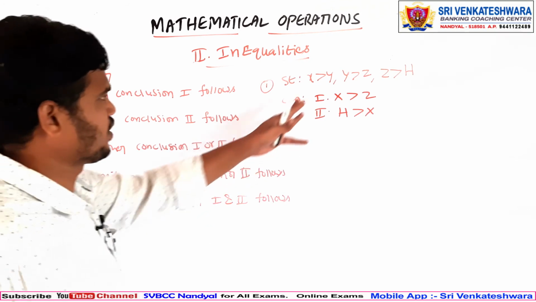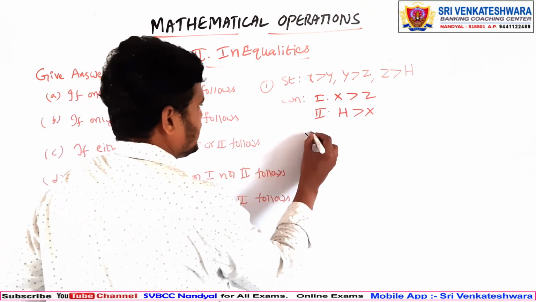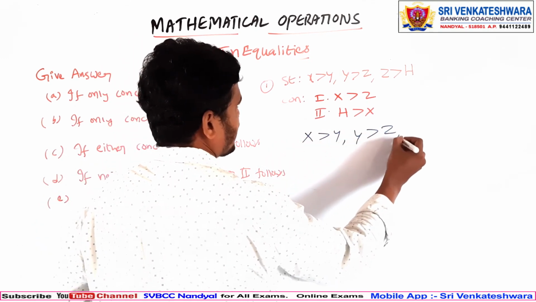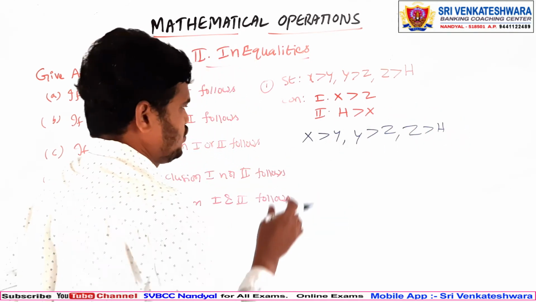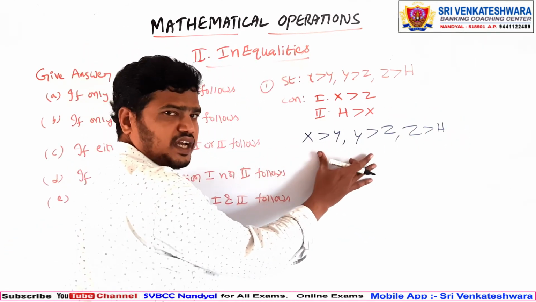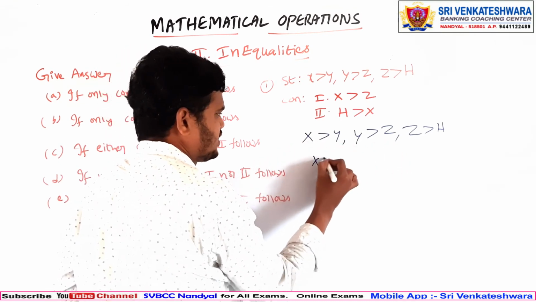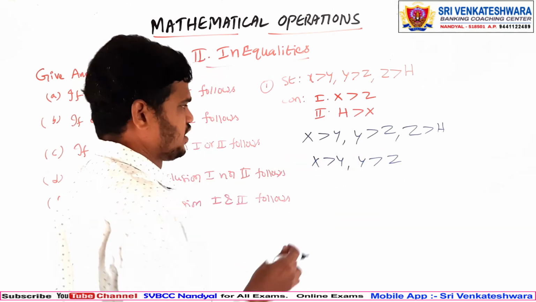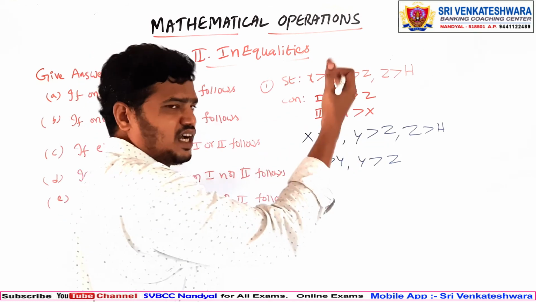First of all, we go for the statement. What is the statement here? X greater than y, comma, y greater than z, comma, z greater than h. Okay, first we will take these two: x greater than y, y greater than z. So x is larger than y and y is larger than z.